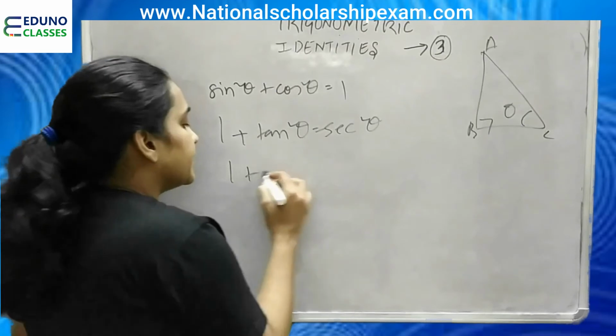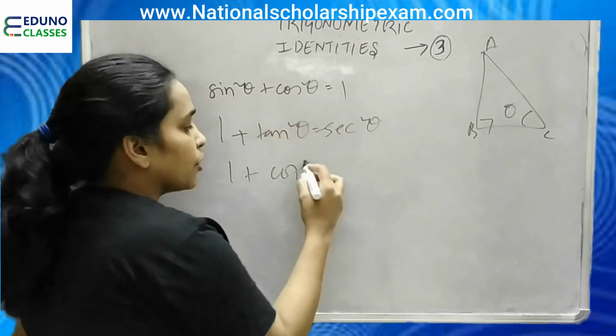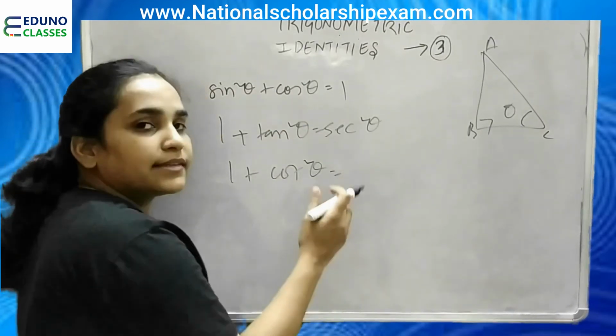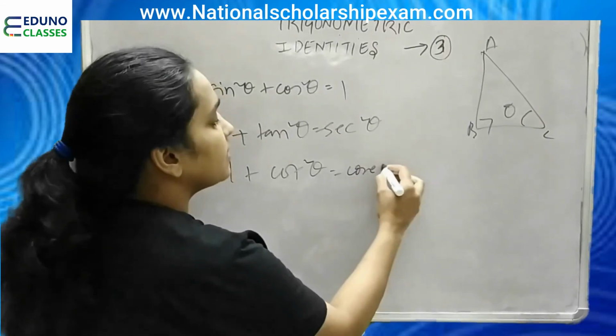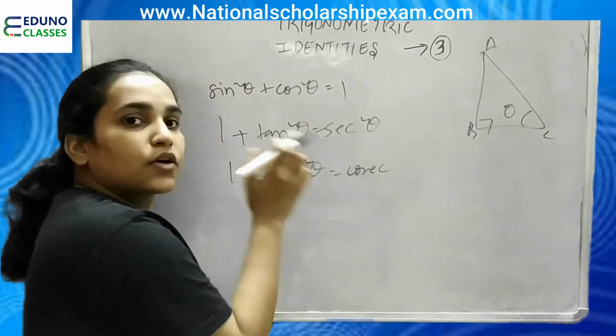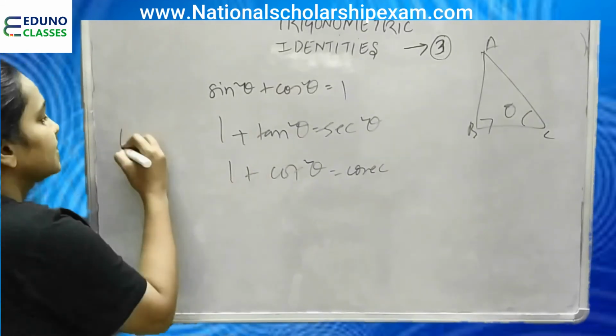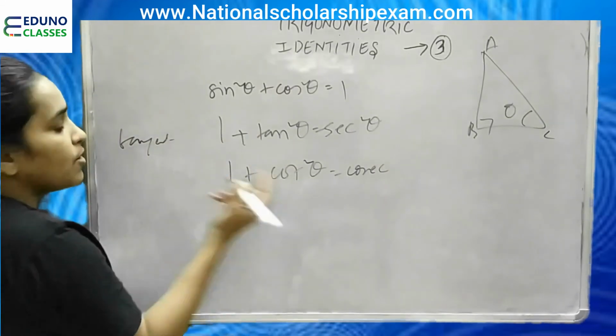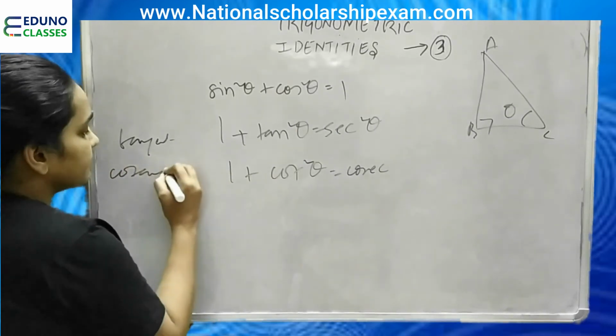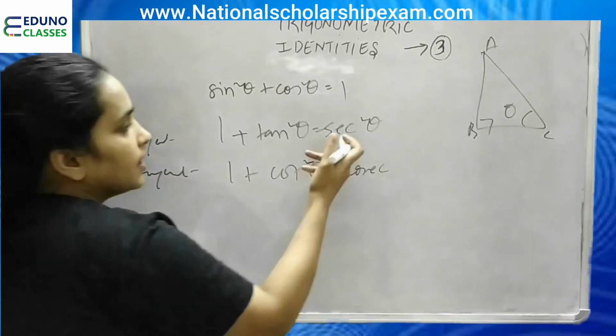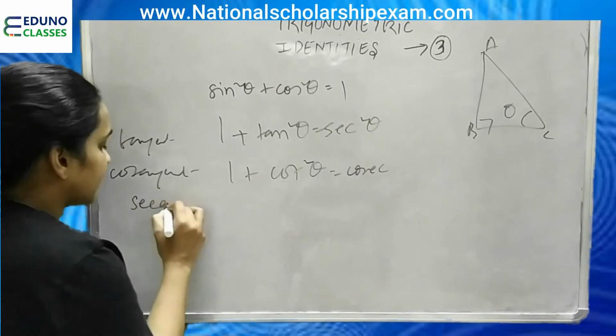The other identity was with the reciprocal of tan, and when you see sec, you also see cosec. Tan, cotan. What is cot? The full form of tan is tangent. The full form of cot is cotangent. The full form of sec is secant.